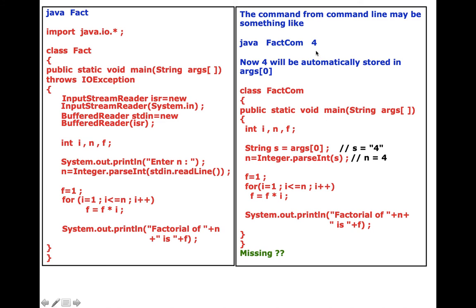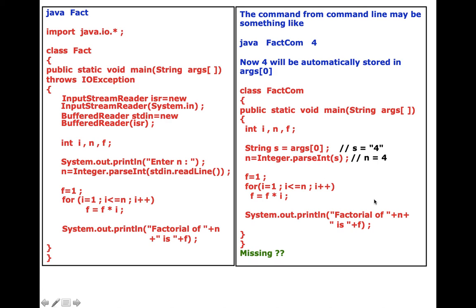The answer is before runtime. See, even before the execution of the program starts, you give this command. So when you give this command, you are providing the value of n, which is 4. So this technique which you use over here is not data input. Why? Because here the value was given even before the runtime starts. So this is a technique of command line arguments.